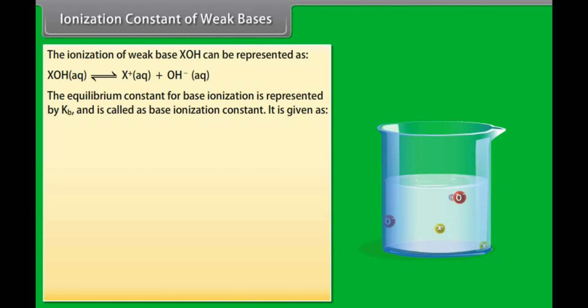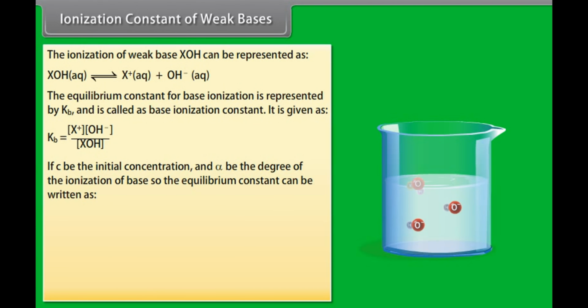If C be the initial concentration and alpha be the degree of ionization of base, the equilibrium constant can be written as Kb is equal to C alpha square by 1 minus alpha.